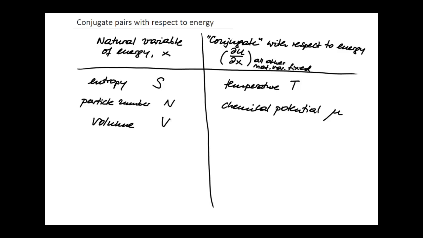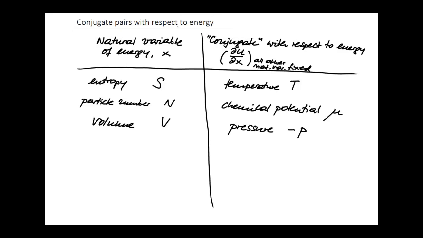This means that the coefficient in front of the dV must be negative. And what is the magnitude of this coefficient? It's the pressure. The amount of work that you have to perform to compress the system is minus pressure times delta volume. And this means that the conjugate of volume with respect to energy is minus the pressure.